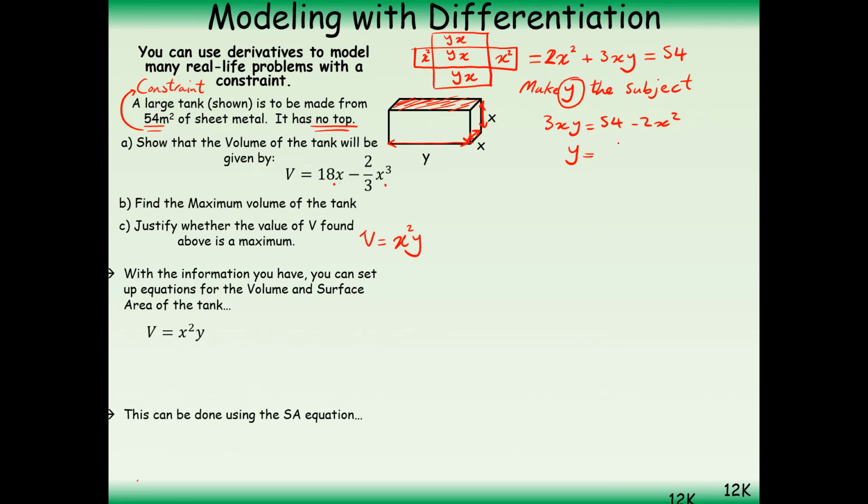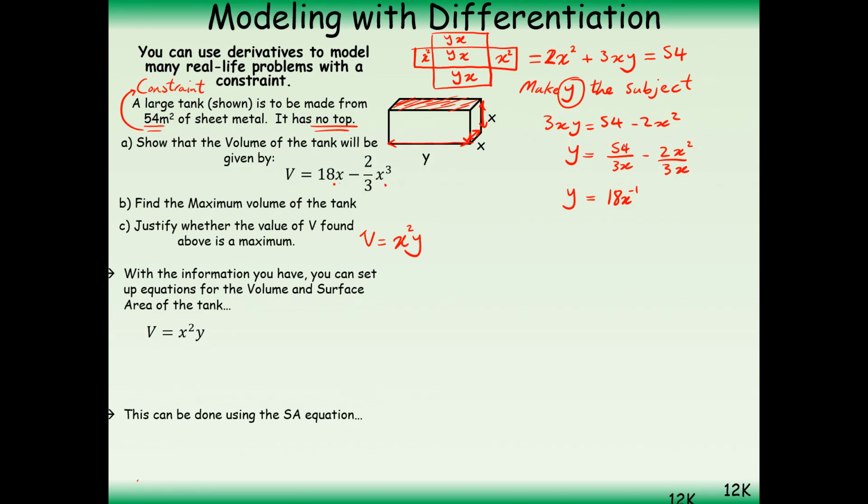I'm just going to write 54 over 3x and 2x squared over 3x. Simplifying that, 54 over 3 is 18, so that's 18 to the power of minus 1.